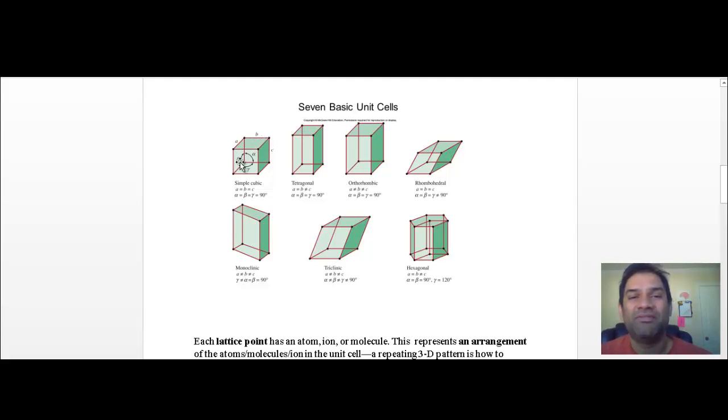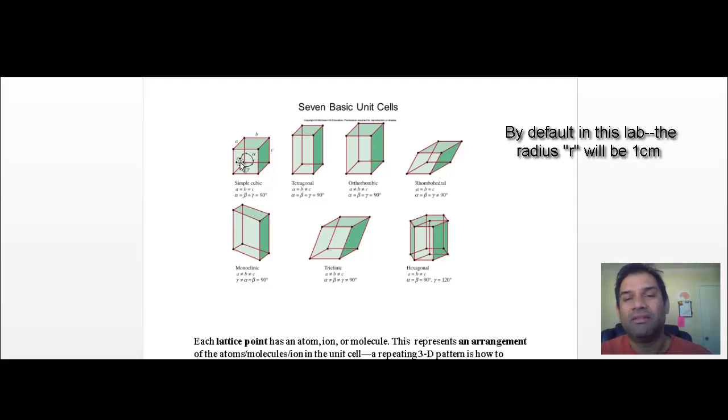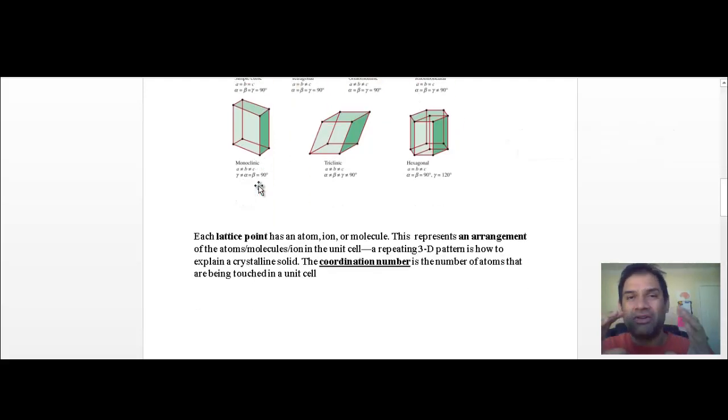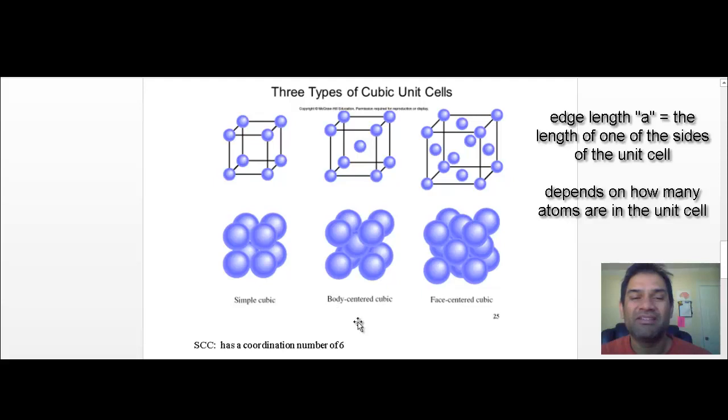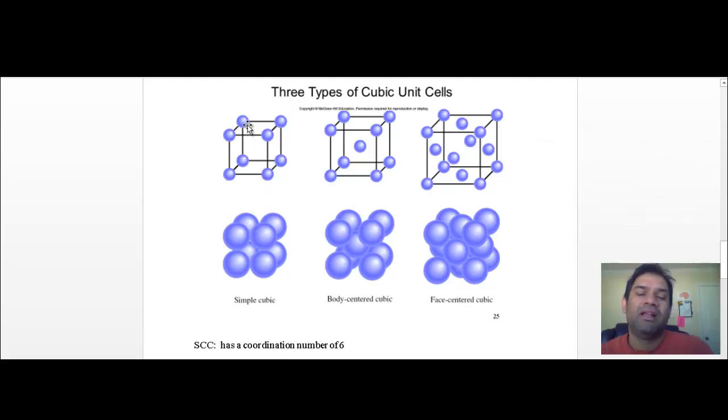And these lattice points, these atoms, will have a radius. The radius in this lab by default is 1 centimeter. So r, the radius of the atom, which is modeled as a sphere, is 1 centimeter. And the edge length of the unit cell is going to differ based upon whether you have a simple cubic unit cell, a body-centered cubic unit cell, or a face-centered cubic unit cell.